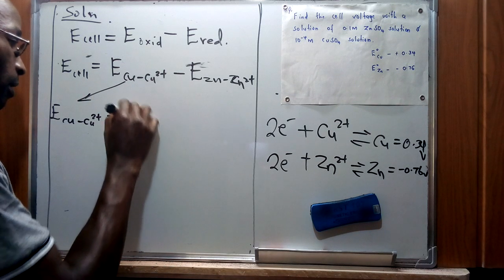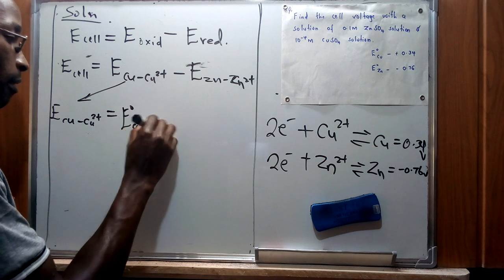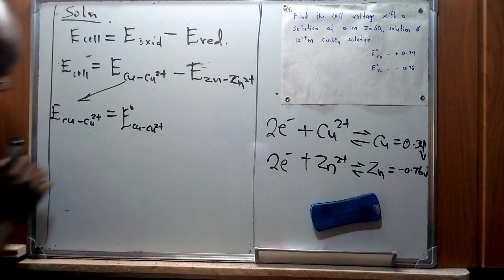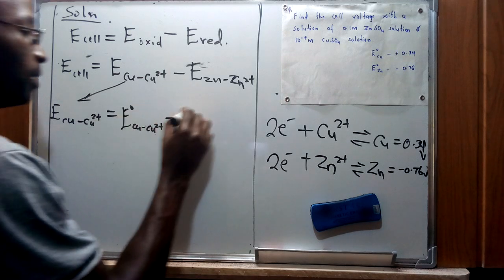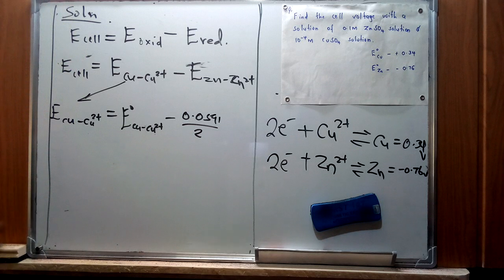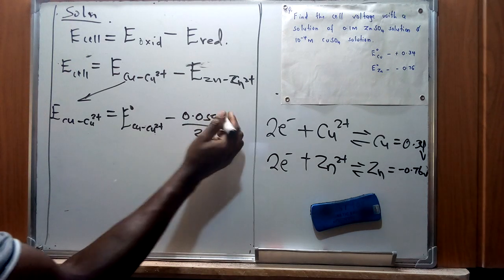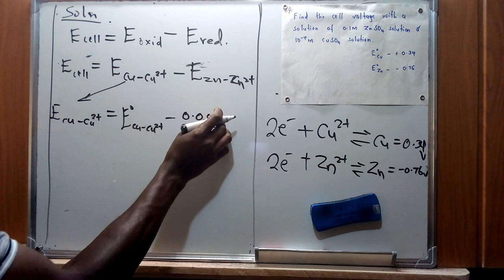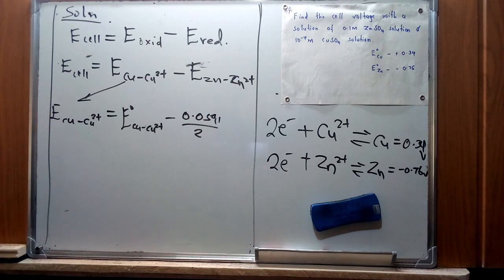It's going to be given as E standard for copper and then 0.0591 over 2. We're going to see that in different usage of this numerator in the second part of the Nernst equation, it's either going to be 1 or 2, and there may be slight variation according to the different texts we use.